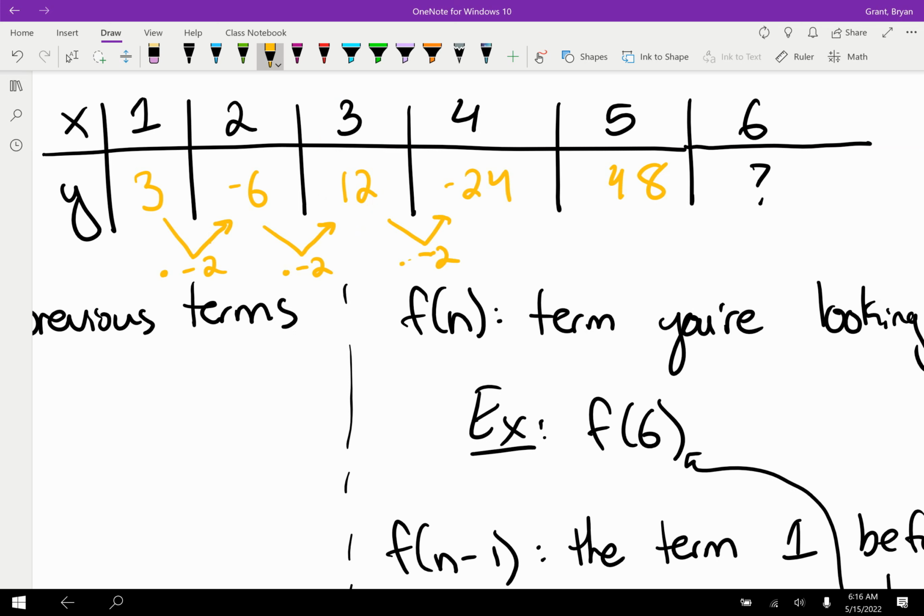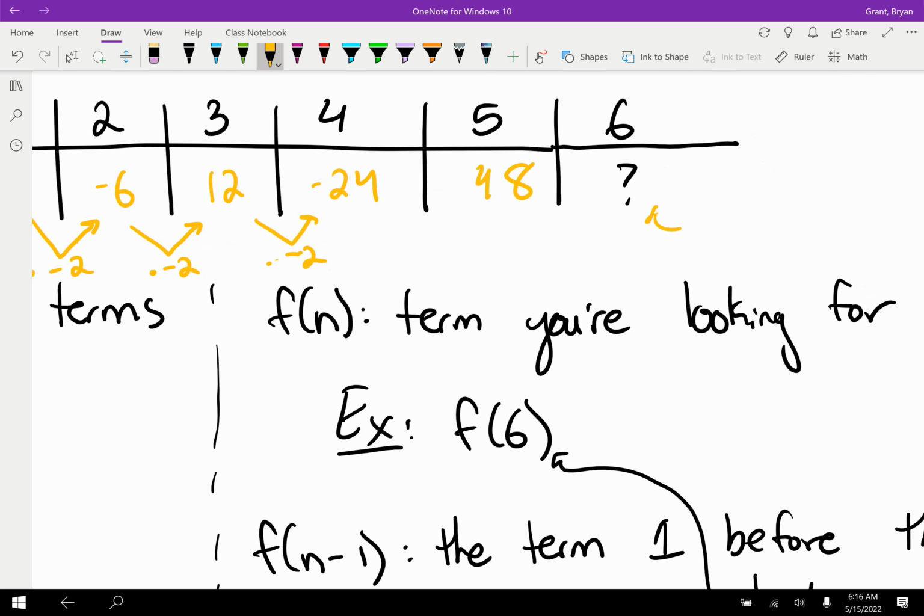So, if you wanted to get f of 6, what would you do to the term right before it? Well, we could say that f of 6 is the term right before it, f of 5, times -2. We just multiply by -2, and that would get us to the next term, right?